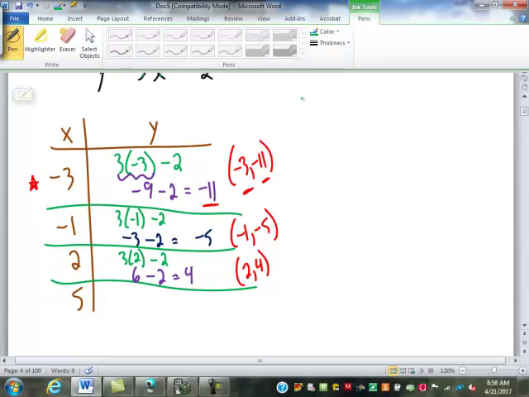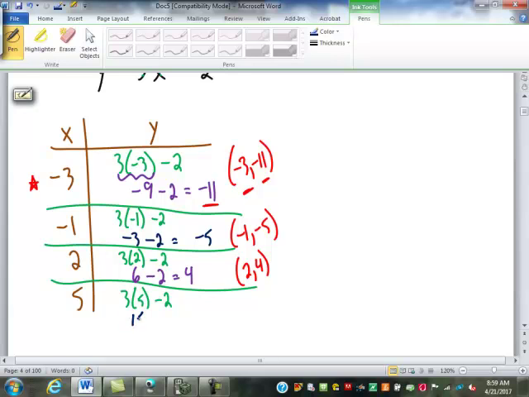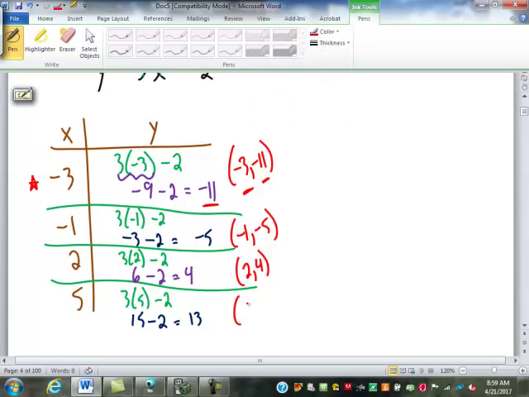And finally, if x is 5, y is 3 times 5 minus 2. What's 3 times 5? 15. And 15 minus 2 is 13. So that gives us that when x is 5, y is 13, for another ordered pair. Well, how many of these ordered pairs could I make? As many as I wanted to, right?